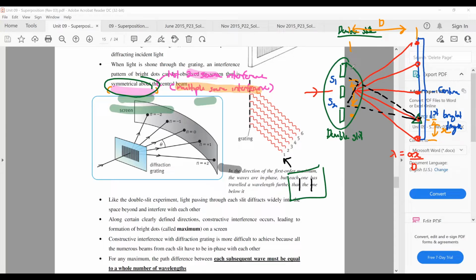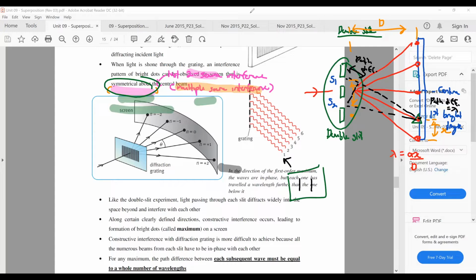There was a certain path difference to them. The difference in the path that they travel will determine whether it's constructive or destructive. In the case of the first bright fringe, the path difference is just lambda. Wave S1 will arrive one wavelength later than wave S2, they interfere constructively, giving you your bright fringe.